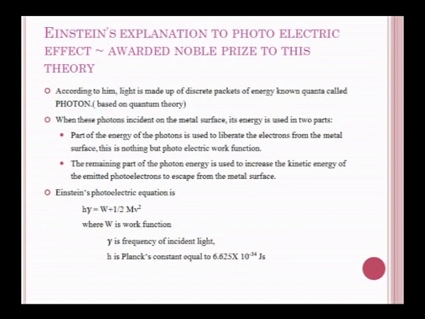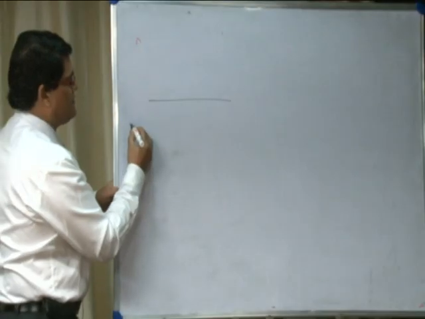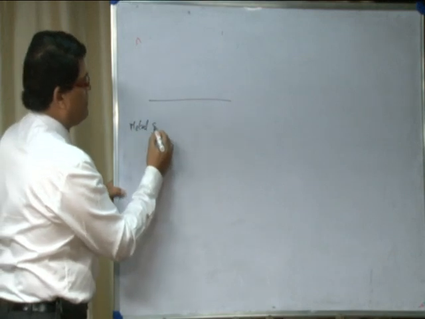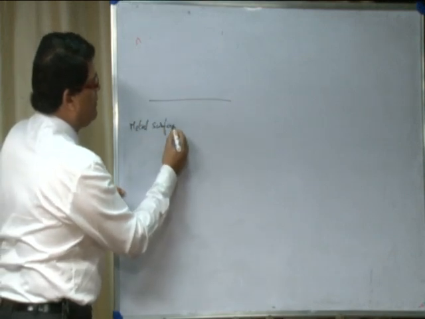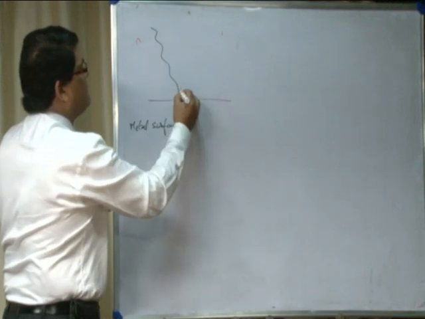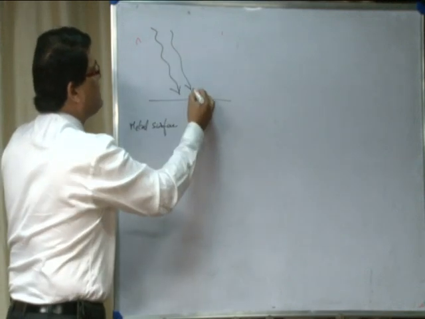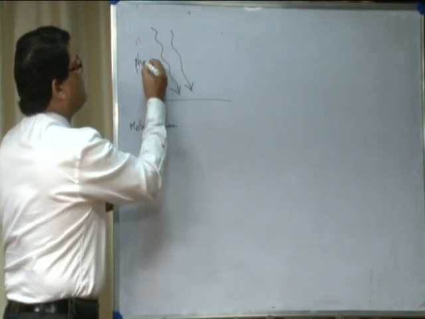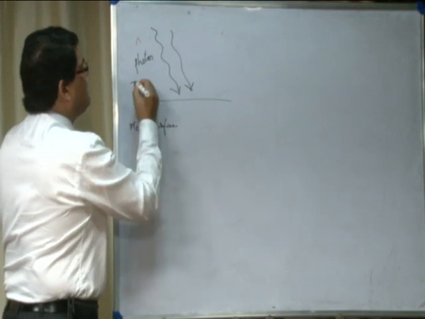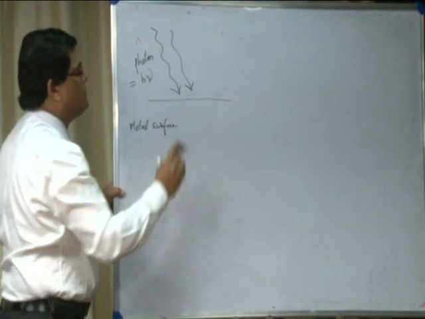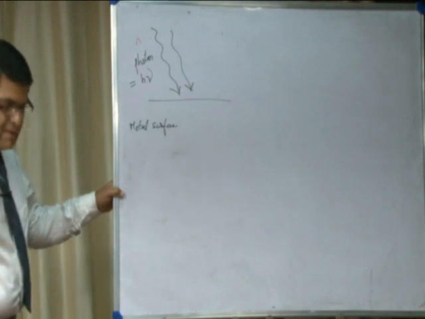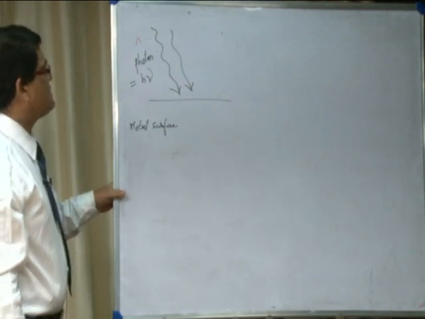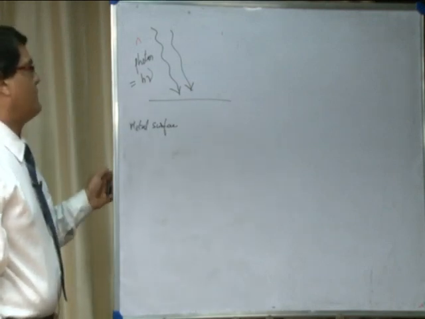Let us imagine this is the metal surface. When this metal surface is irradiated with certain radiations, that is, these photons, the energy of the photon is given by h into nu, where h is the Planck's constant and nu is the frequency.